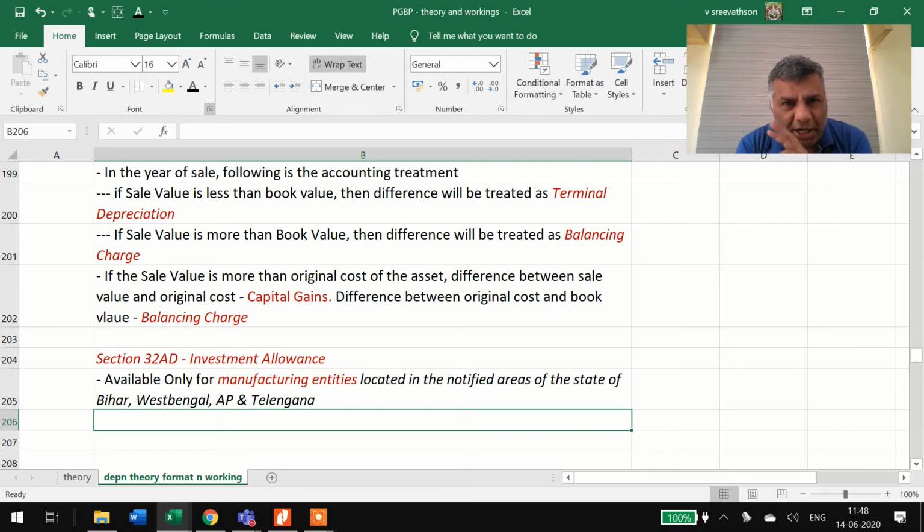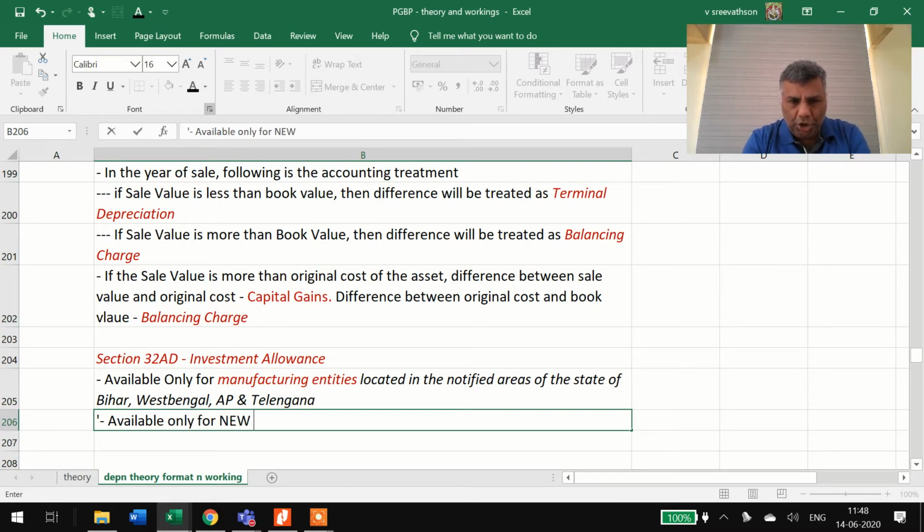We already know they enjoy additional depreciation at the rate of 35%. Apart from that, they are going to get investment allowance. Available only for new plant and machinery purchased during the year.